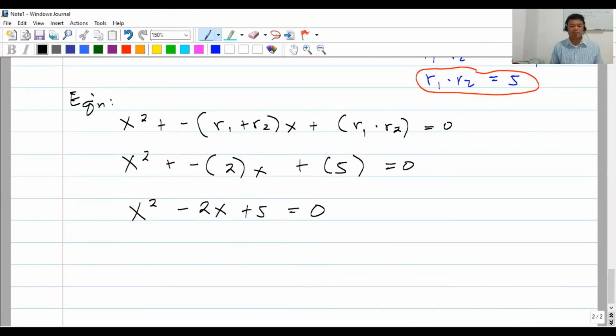find the sum and product of roots of each of the following equations. This is our second part of the examples.